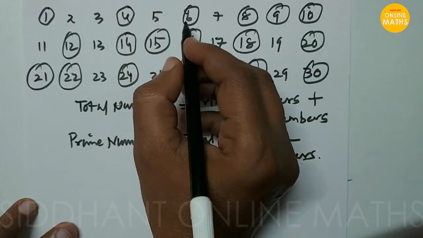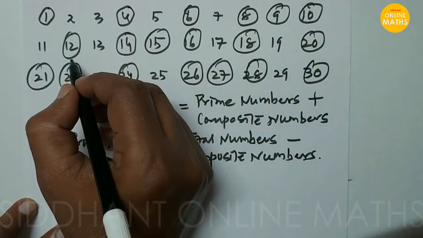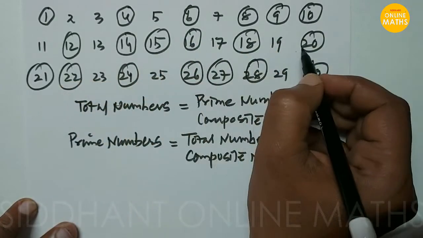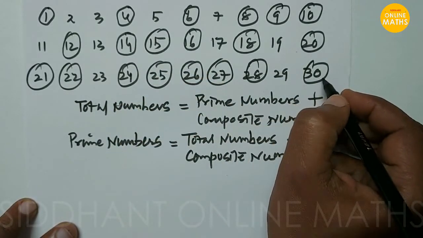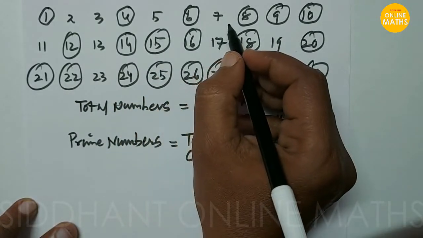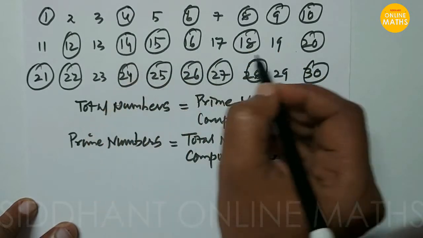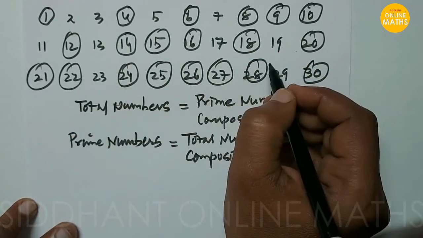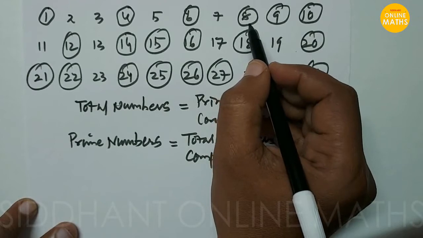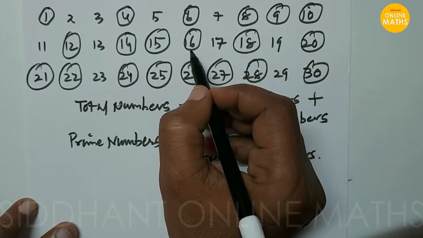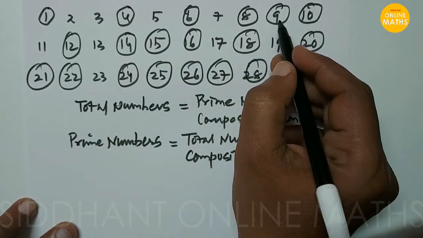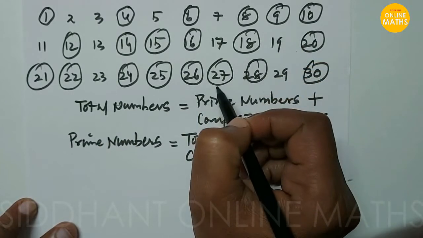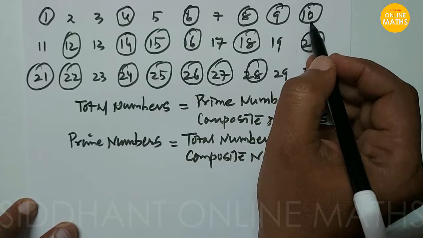Next we go for 5 multiples like 10, 15, 20, 25 is circled, and 30 here. And we go for 7 multiples like 14, 21 already circled. So go for 8 multiples like 16, next 24, and 9 multiples 9, 18, 27, and 10 multiples like 10, 20, 30.